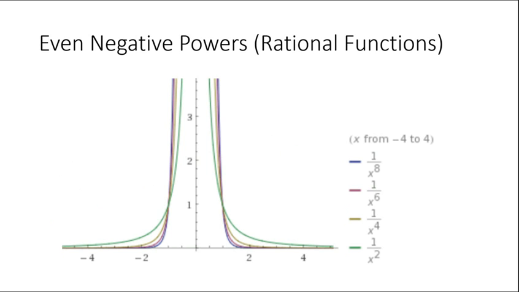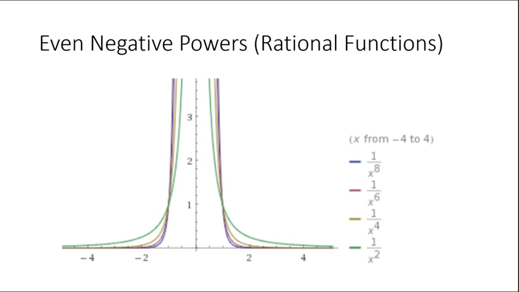Notice again here, we're still passing through the point 1, 1 and the point 1, -1. But instead of having a cup shape, you will see that the functions are racing up towards positive infinity, towards an asymptote at x equals 0, because these functions are not defined at x equals 0.